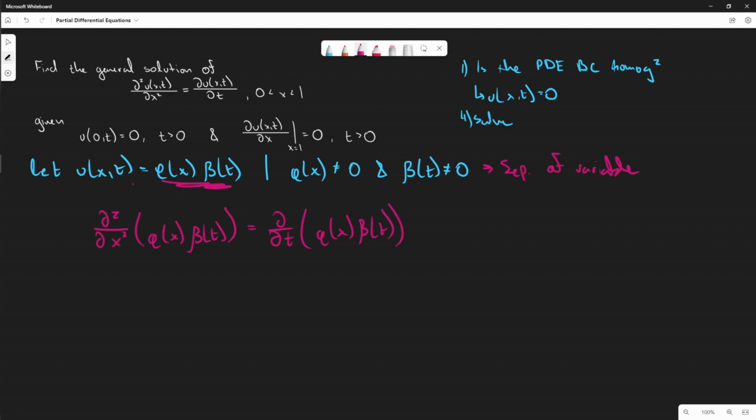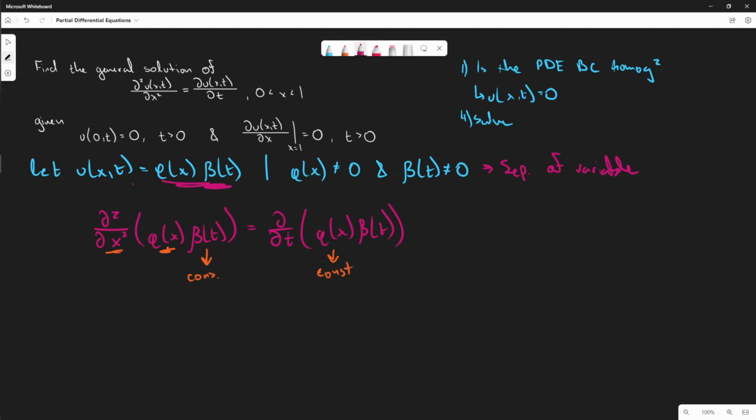If you recall from multivariable calculus, when we differentiate with respect to one variable, anything else that is not that variable we can treat as a constant. So on the left side, we can treat beta of t as a constant, and on the right side, we can treat phi of x as a constant.